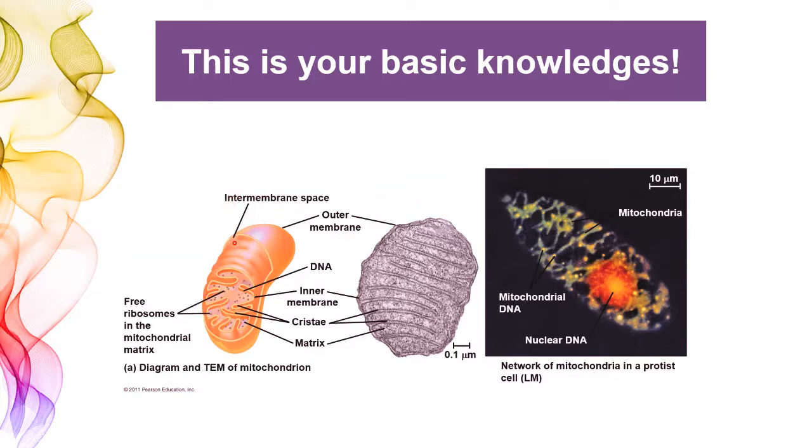Between the outer membrane and the inner membrane, there is a space which we call the intermembrane space. This folded structure here is what we call cristae, and the cristae are surrounded by the inner membrane. The part inside the cristae is what we call the mitochondrial matrix.